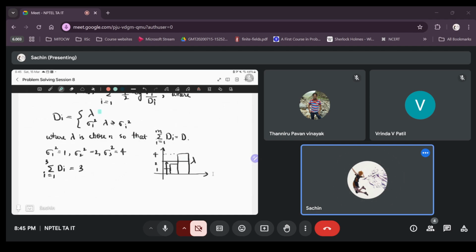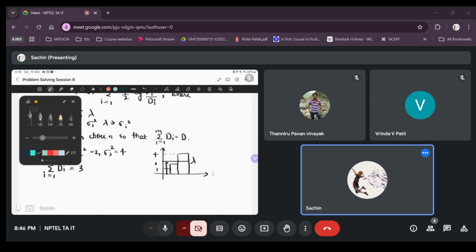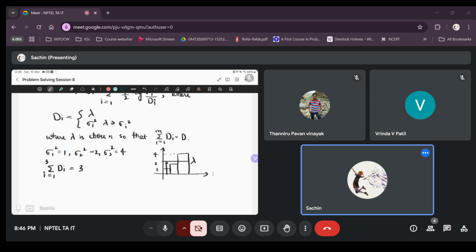Di is lambda if lambda is less than sigma square, and sigma square if lambda is greater than or equal to sigma square.